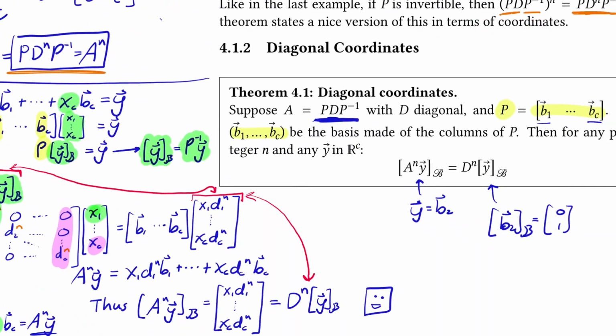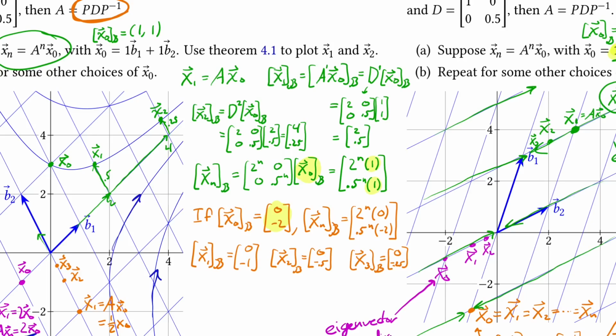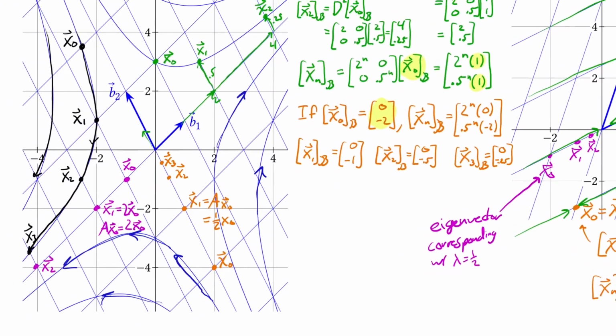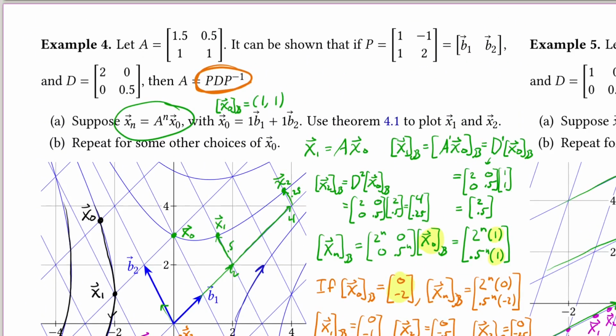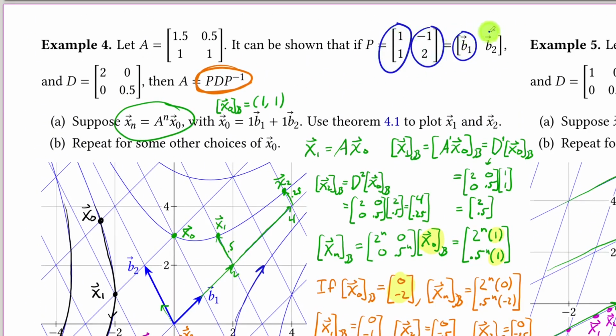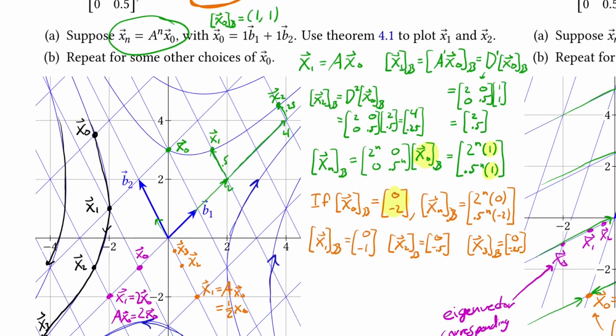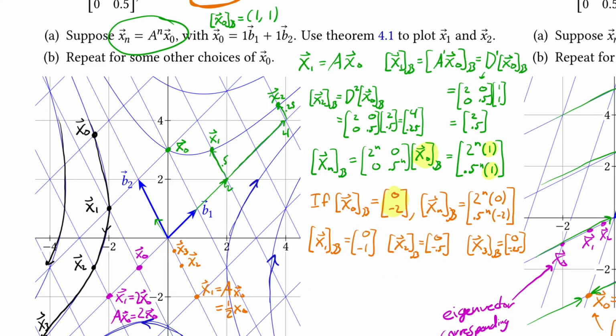And we could express that using the diagonal coordinates theorem. And we saw how that works, that once you know the b1 and b2 vectors, which are the columns of P here, then you can see what the pattern is when you do powers of A times some starting vector.